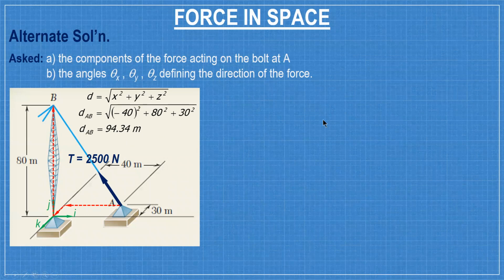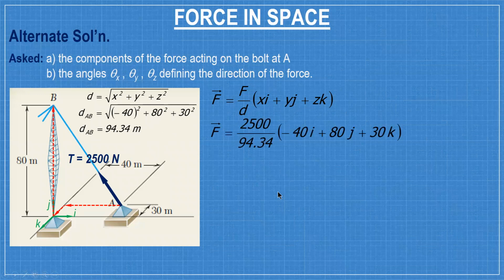So the solution is direct: F over D times xi plus yj plus zk. The F is 25, the D is 94.34. The X, Y, Z are based directly on the distances: negative 40, Y is 80, Z is 30.